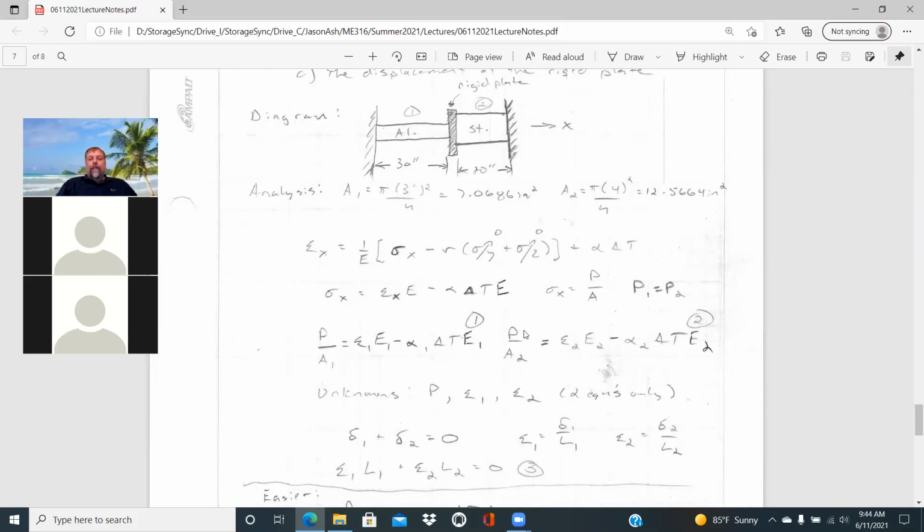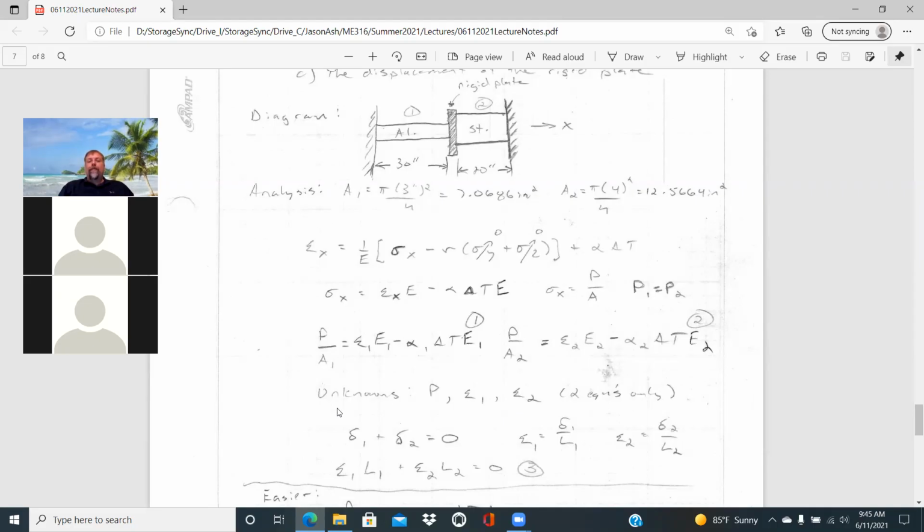And then same thing for the second one, P over A2 would give us epsilon 2 E2 minus alpha 2 delta T E2. So we'd have that set up for each one of the segments. In this situation, we have several unknowns. We would have the internal load being unknown, as well as epsilon 1 and epsilon 2. So we have 2 equations and 3 unknowns.